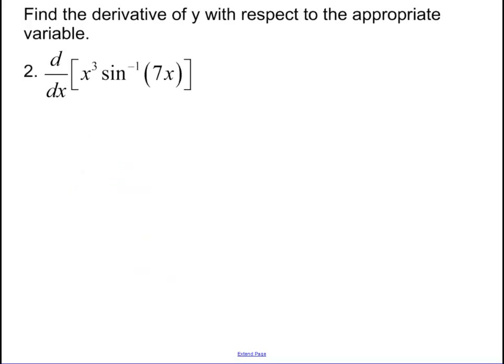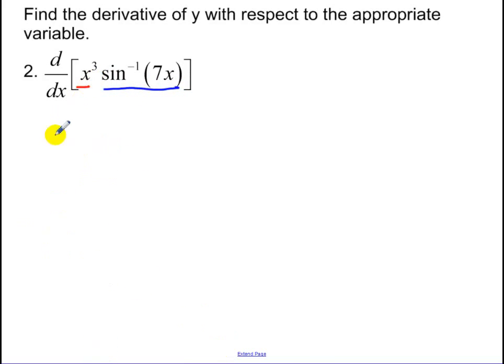Our next example. Find the derivative of y with respect to the appropriate variable. Now we have two functions in here. We have x cubed times the inverse sine of 7x.